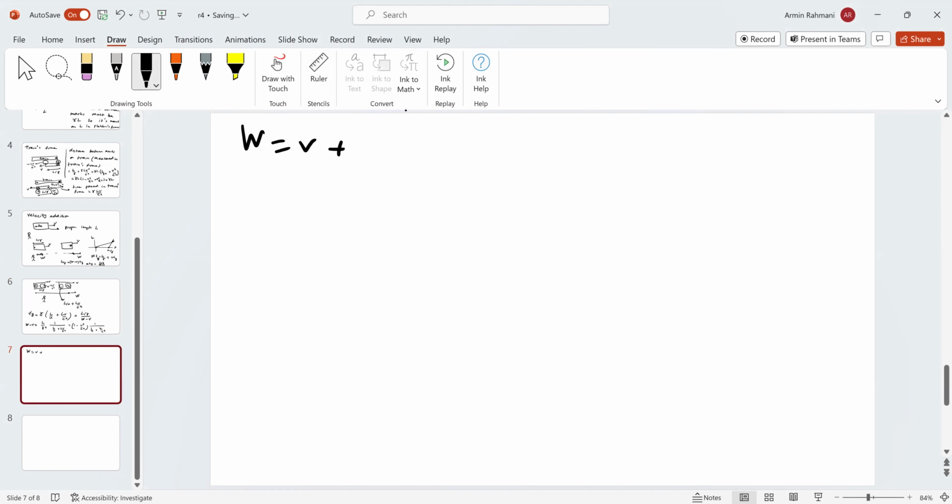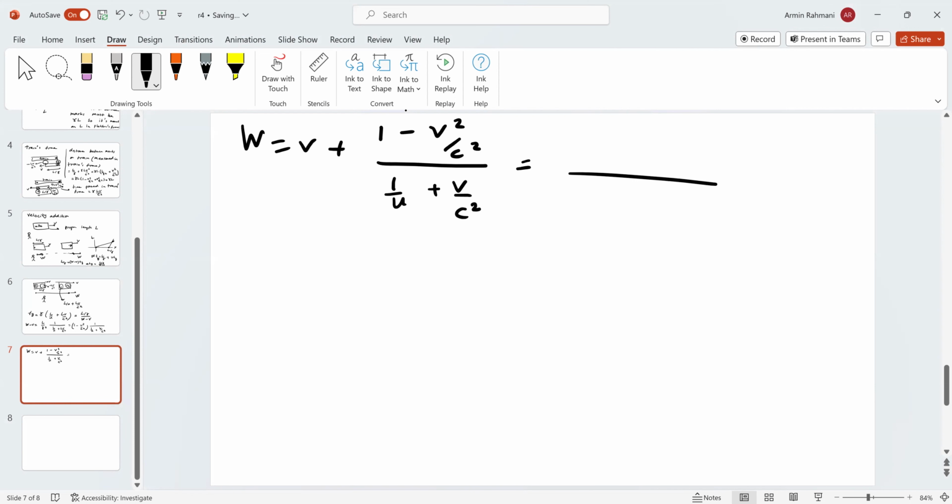So 1 minus V squared over C squared over 1 over U plus V over C squared. I can find the common denominator.